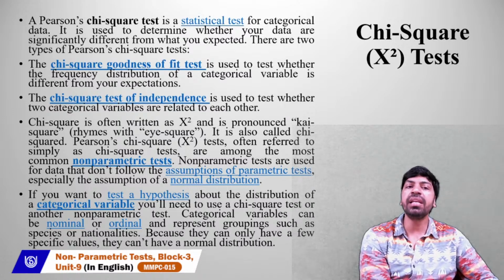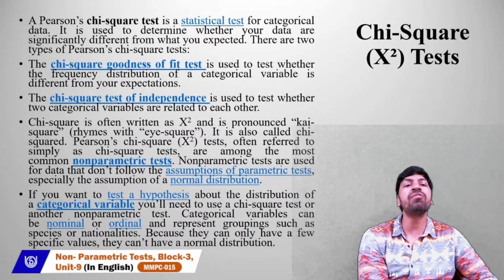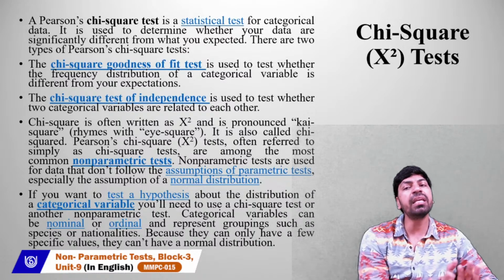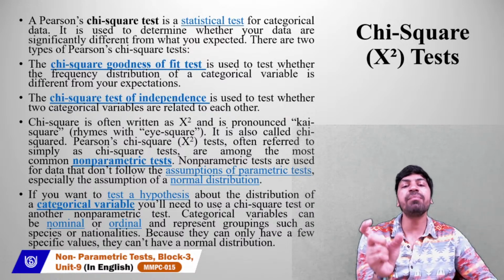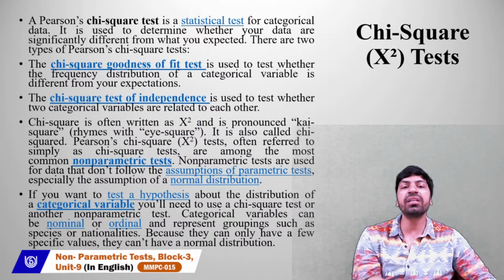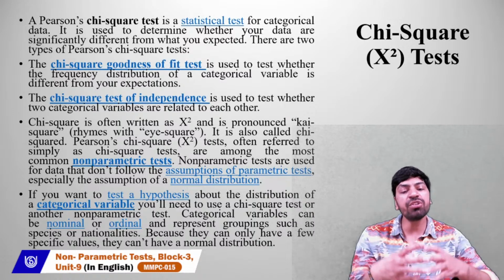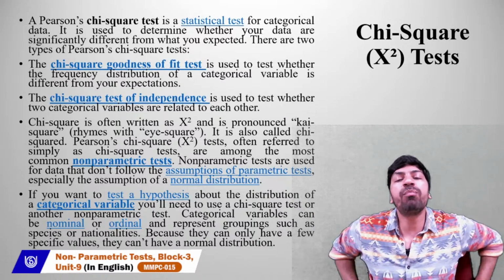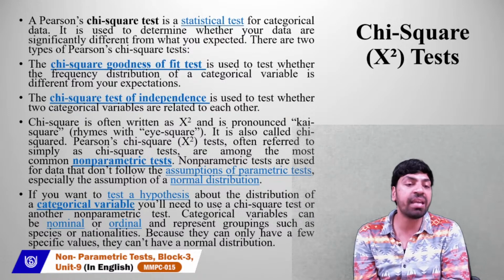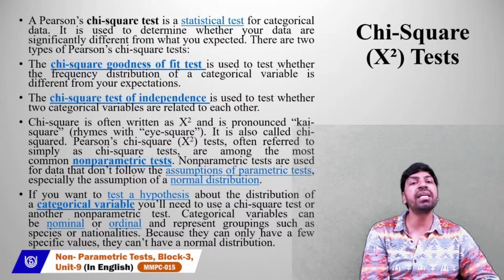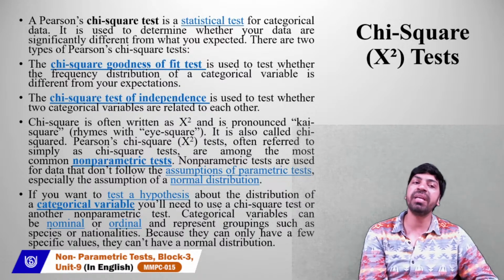The next type is the chi-square test of independence. It is mainly used to test whether two categorical variables are related to each other. If we need to find out whether one variable is related to the other variable, then the chi-square test of independence is applied.